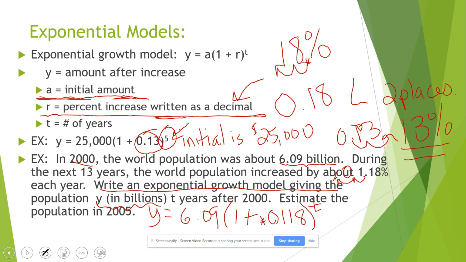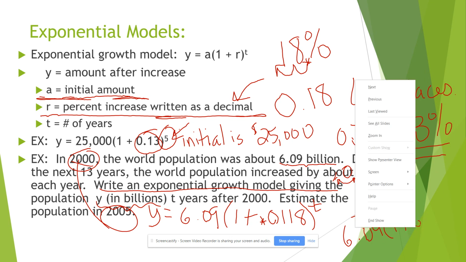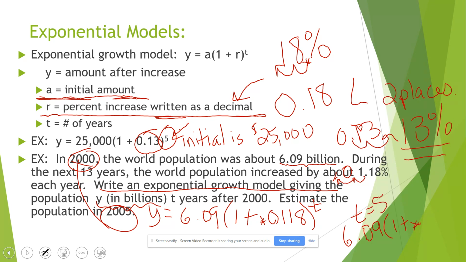Now let's estimate the population in 2005. So 2000 to 2005 is 5 years. That means that our T is going to be 5. So we have 6.09 times 1 plus 0.0118 to the 5th power.